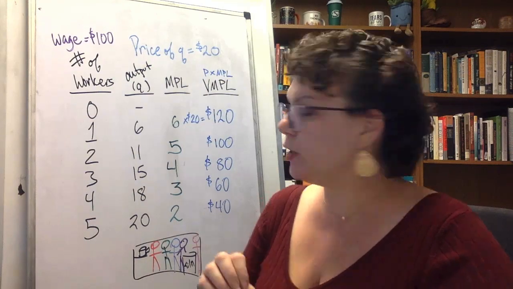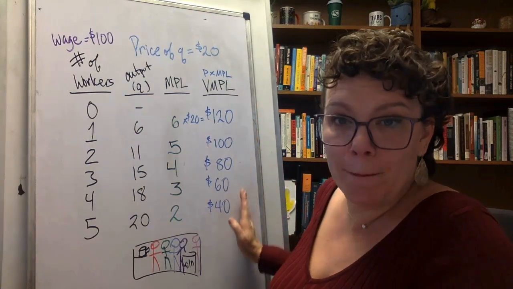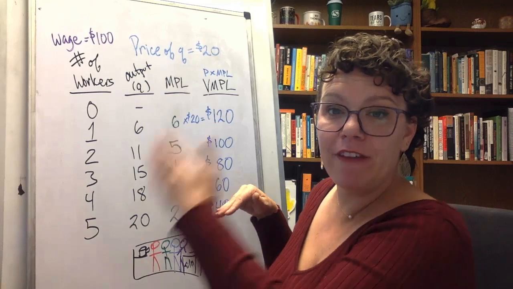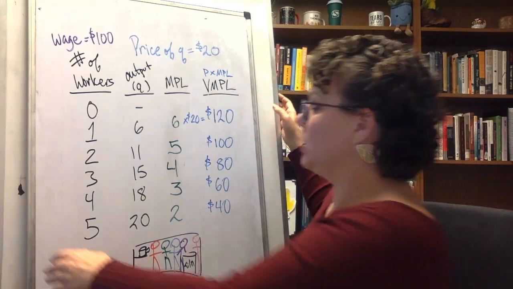So what we're going to do is graph the number of workers and the value marginal product of labor, with workers on the x-axis and value marginal product of labor on the y-axis. All right, it's going to look like this. Hopefully you've got your numbers written down. If not, I'll remember them.